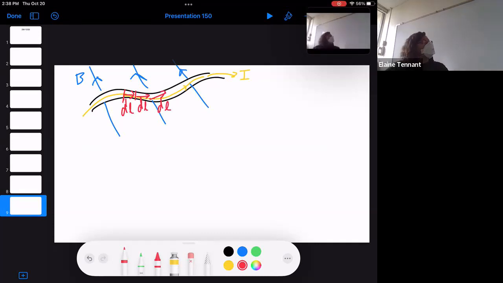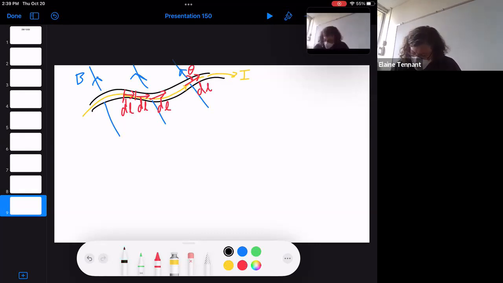I can look at any of these chunks of wire and get the angle between my wire and the magnetic field, theta. The theta might change.